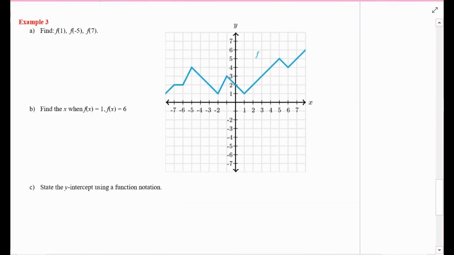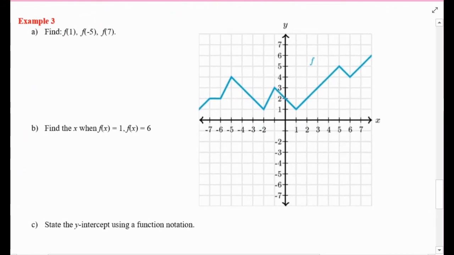Let's move on. Example 3. Find f of 1, f of negative 5, f of 7. Okay, here. F of 1. The input is 1. So input is x value. When x value is 1, remember, input is x value. When x value is 1, what is the y value? 1. The output is y value, right?